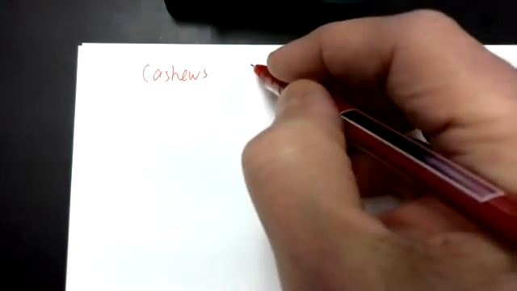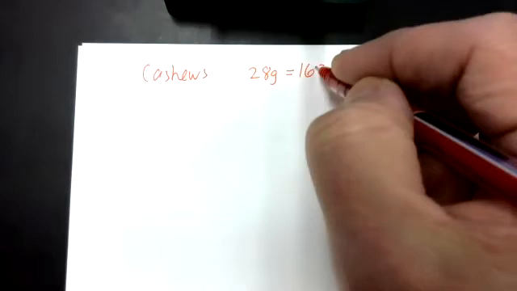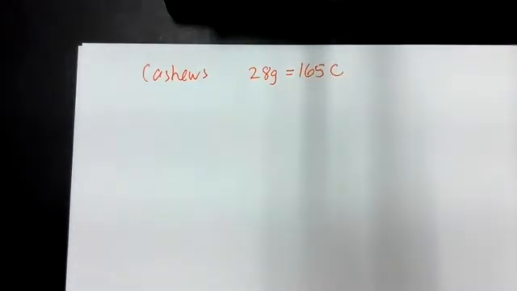Now, question number 2, we're talking about cashews. Cashews are nuts. And the question provides us with this: 28 grams equals 165 calories. And the question says, how many calories, joules, and kilojoules are in 64 grams?